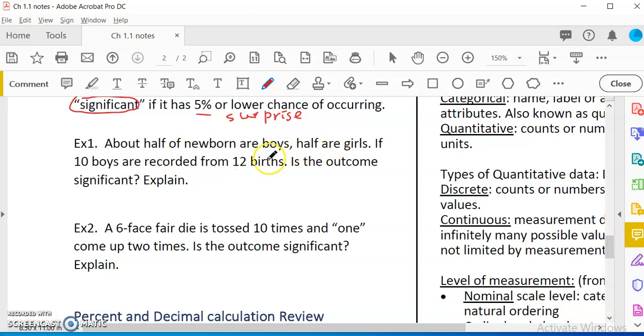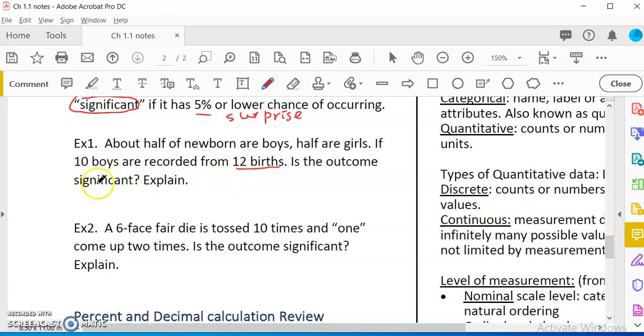If you look at hospital births, suppose you don't know the mom, you don't know anything about the scan or whatever, so the chance that the baby is a boy or girl is just half and half, right? And one day 12 births are being conducted in the hospital, and you see 10 boys. So is this significant? That would deviate very much from the normal one.